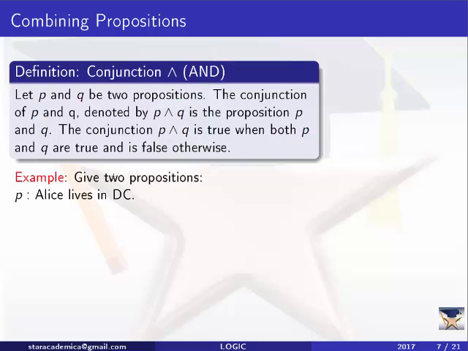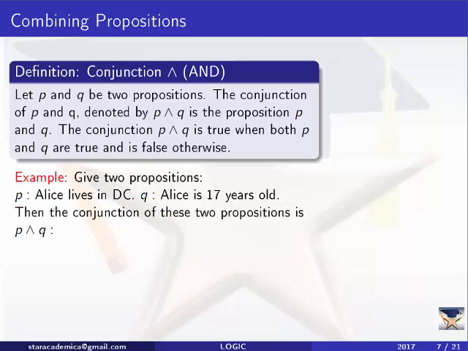Again, in a moment we are going to see a table, but let's look at an example. Given two propositions, P is Alice lives in DC, Q is Alice is 17 years old. If we want to use conjunction for these two propositions, the new proposition will be Alice lives in DC and she is 17 years old.